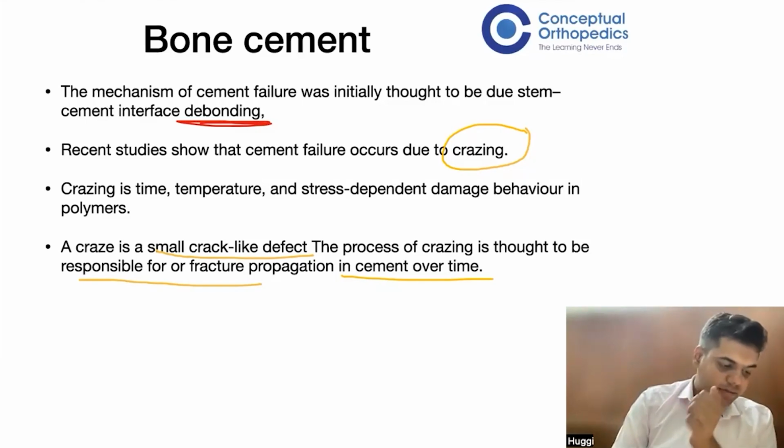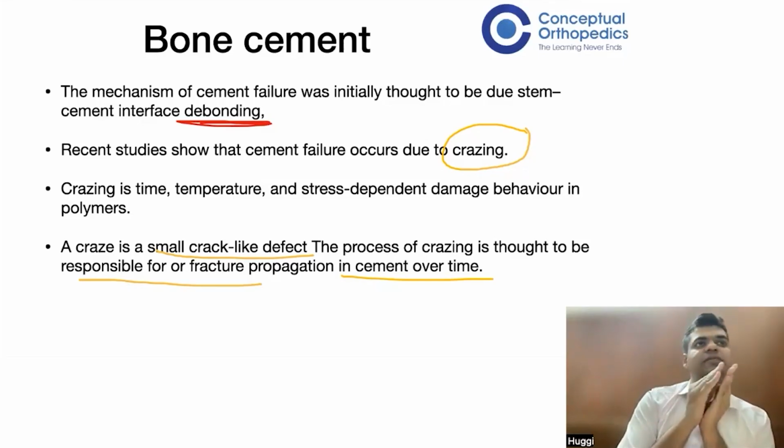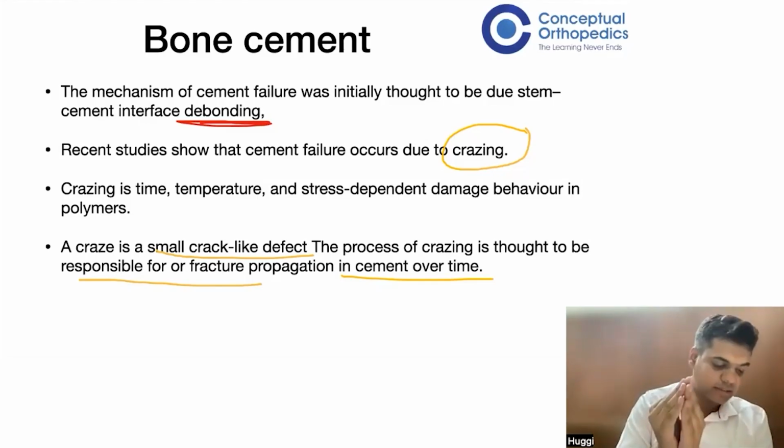Okay, so crazing is the most important method where a cemented stem will fail with respect to the bone cement. Debonding is the most important method which fails in TKR, whereas in THRs it's the crazing, right?